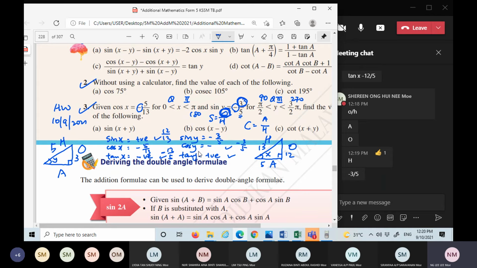Okay, let me see. Cos is A over H. A, I didn't ask you to find. Wrong already. 3 over 5, this is sine. You didn't find this one. Find this one first. Sorry, I didn't ask you to find. Can you find for me A, the length of the adjacent? This is wrong.